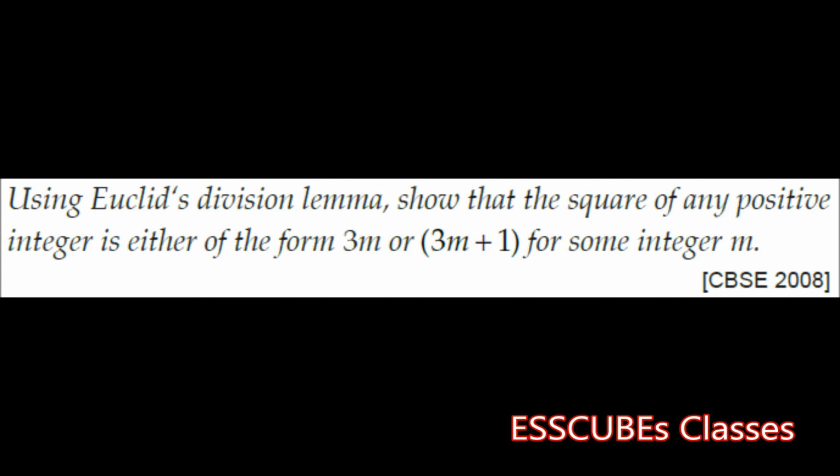Let us try out a few more questions. Let us find, using Euclid's division lemma, that the square of any positive integer is either of the form 3m or 3m plus 1 for some integer m. Well, this came in 2008's board exam.